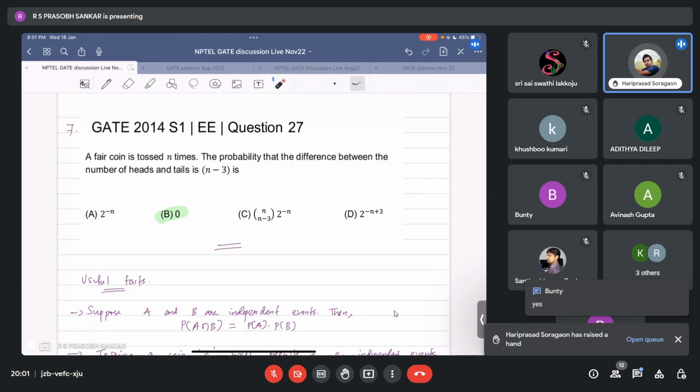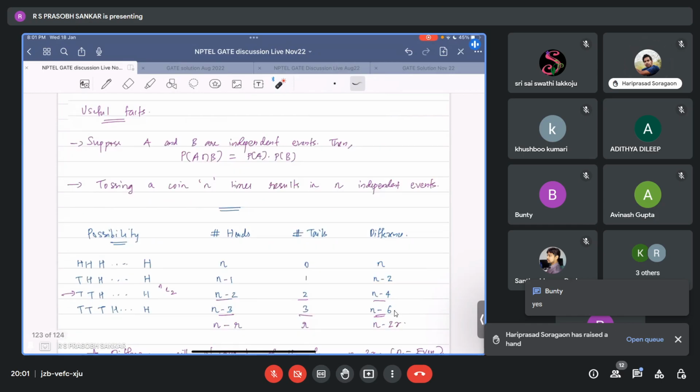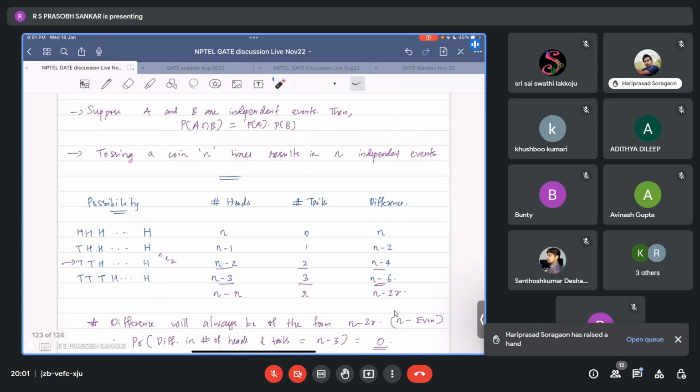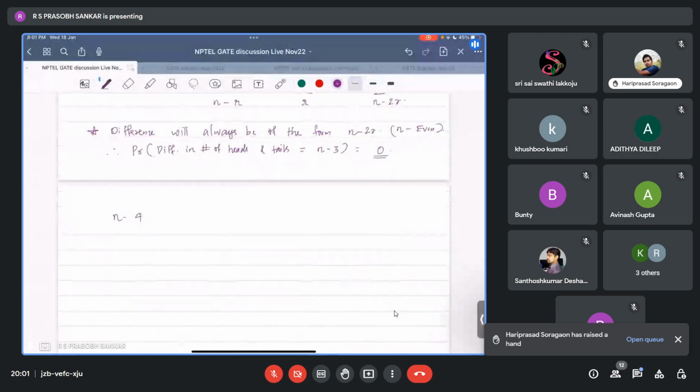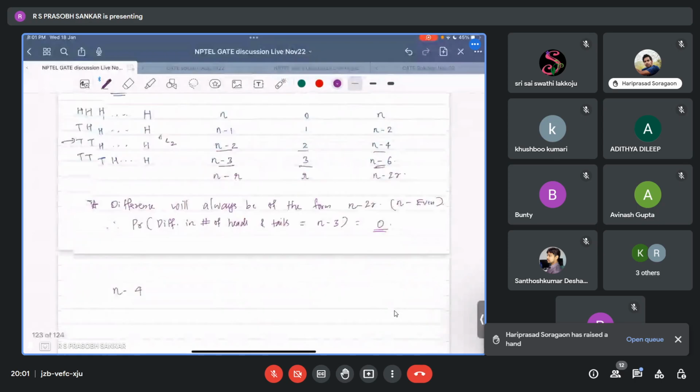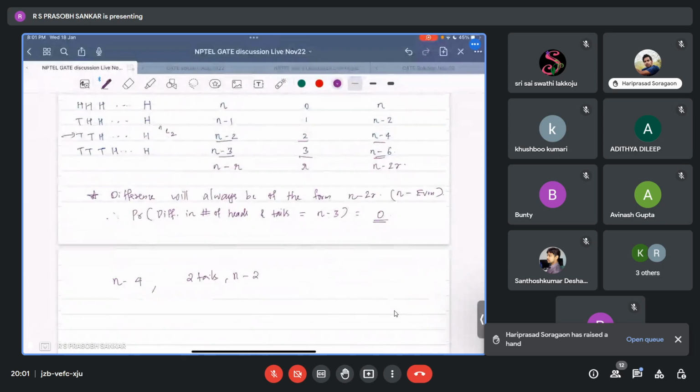Sir, if it is asked n minus 4, then what would be the answer? Yeah, that is different. If it is n minus 4, we need to find the probability that we have a difference of n minus 4. This is possible if we have two tails and n minus 2 heads, or two heads and n minus 2 tails.